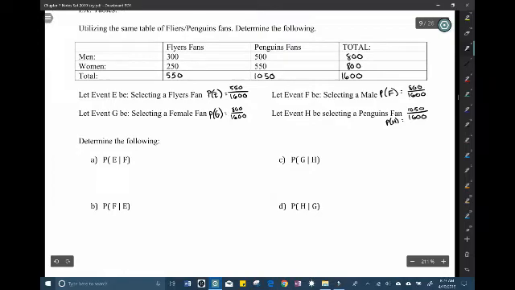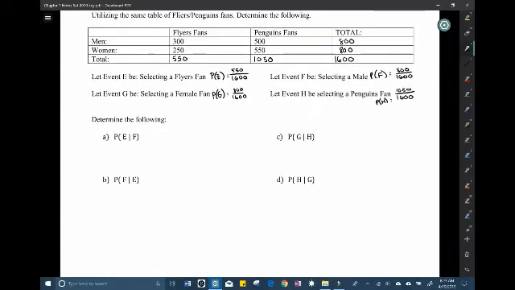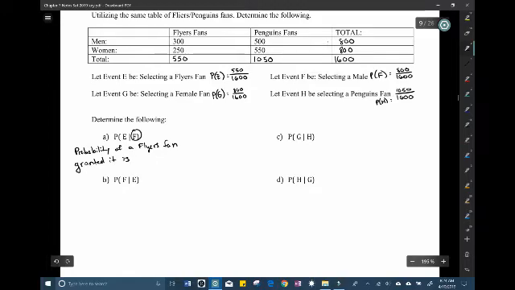So now with those in store, we can just use the ideas of the formulas. All right, E given F. Thinking about this, it is asking what's the probability of picking a Flyers fan, given that it is, so F is a male.